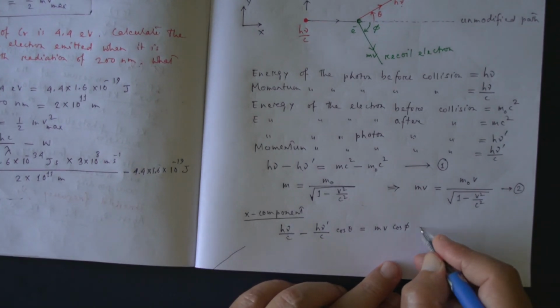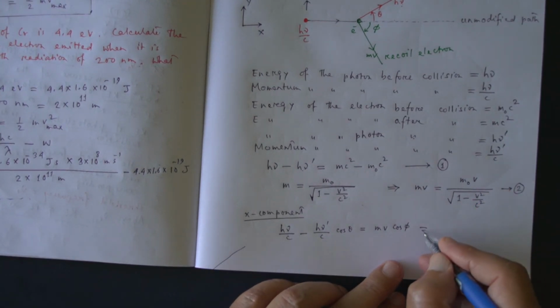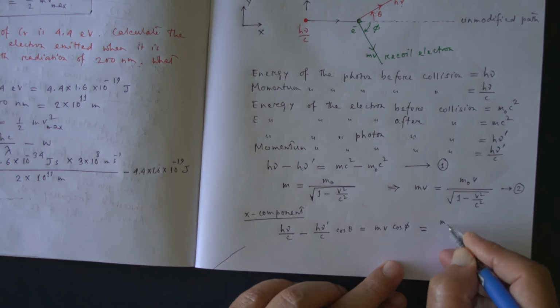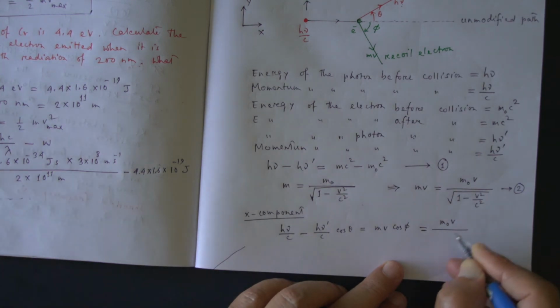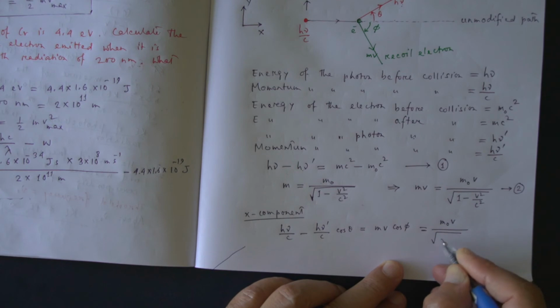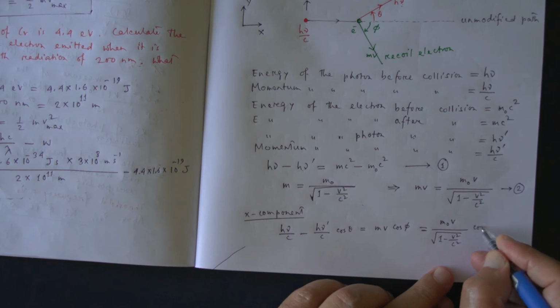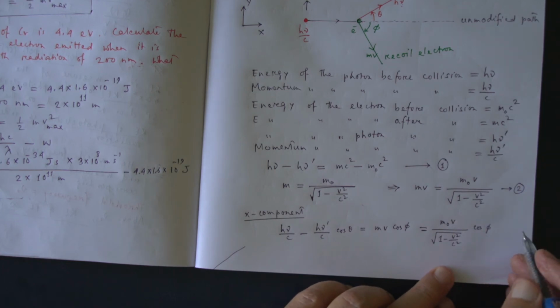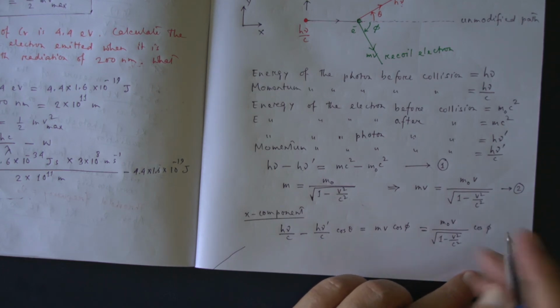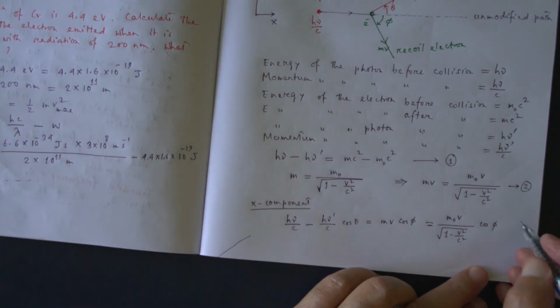Now if we replace by relativistic mass, then this will be m naught v by root over 1 minus v square by c square, cos phi. So this is equation number 3.